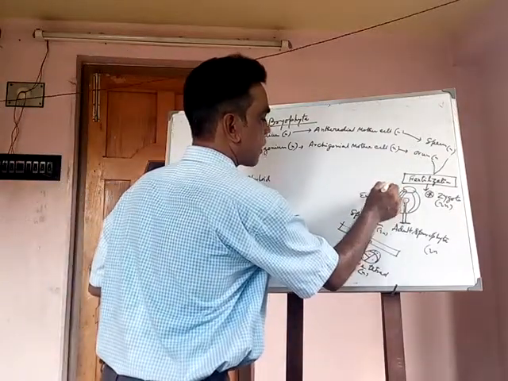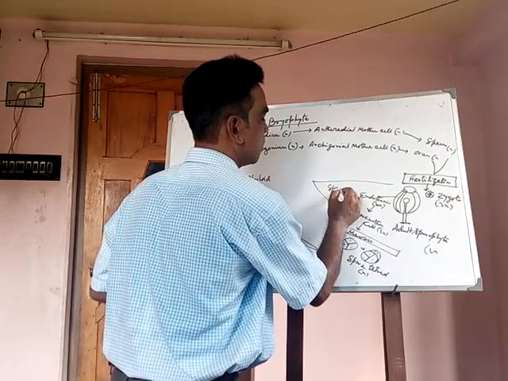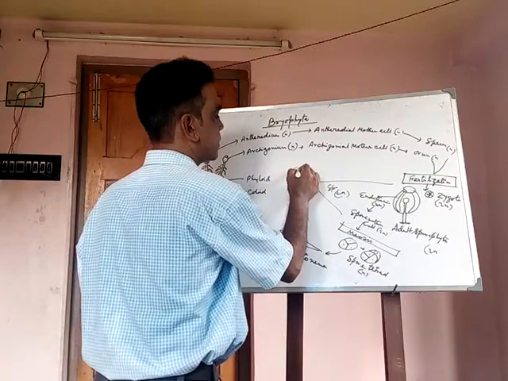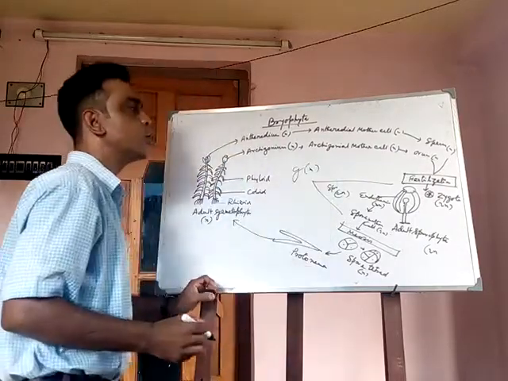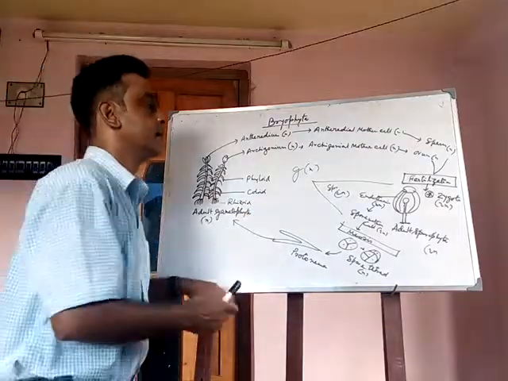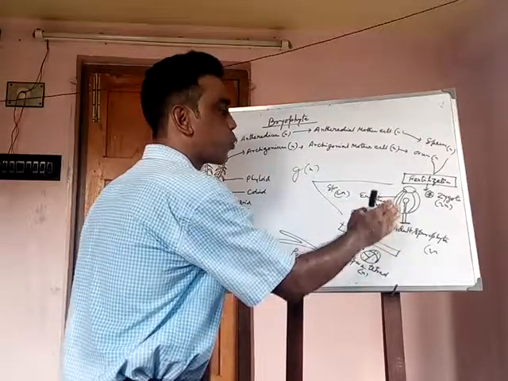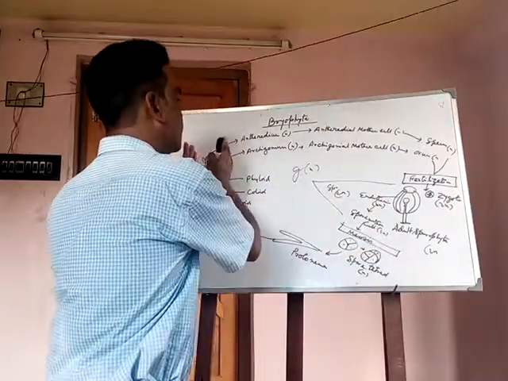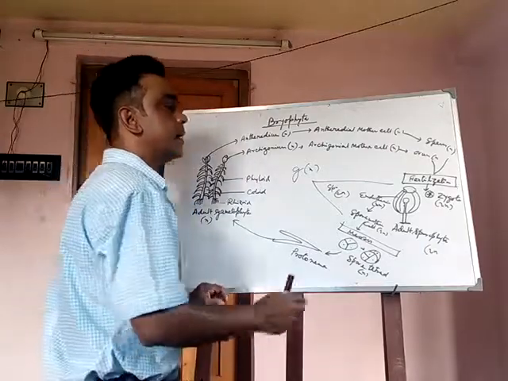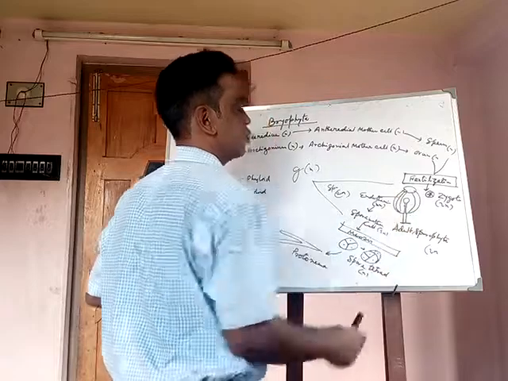Only this part shows the sporophytic generation, that is 2n, and the main part is gametophytic generation, that is n. So the main body is gametophyte, and the other body is sporophyte. Sporophyte is fully dependent on the female gametophyte, and it has 3 parts, that is foot, seta, and capsule.